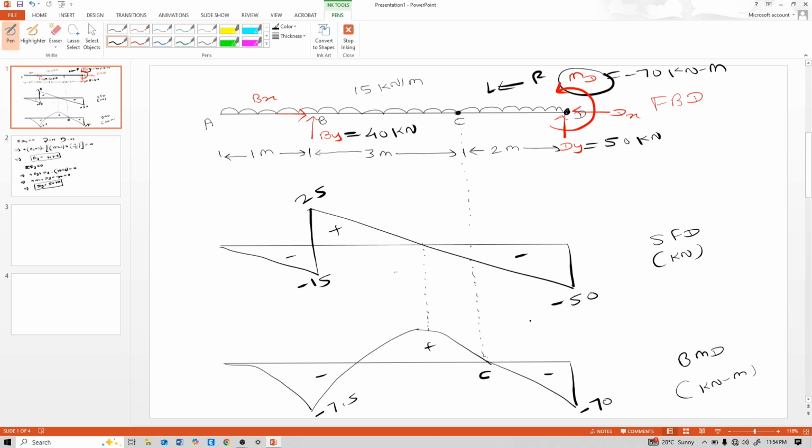But see, this is minus 70 plus 15 into 2 into 1, and again minus 15 into 2 plus 70, where it is plus 70. See, at point C, no need to calculate moment because there it is a hinge support. At a hinge support, moment is always 0.